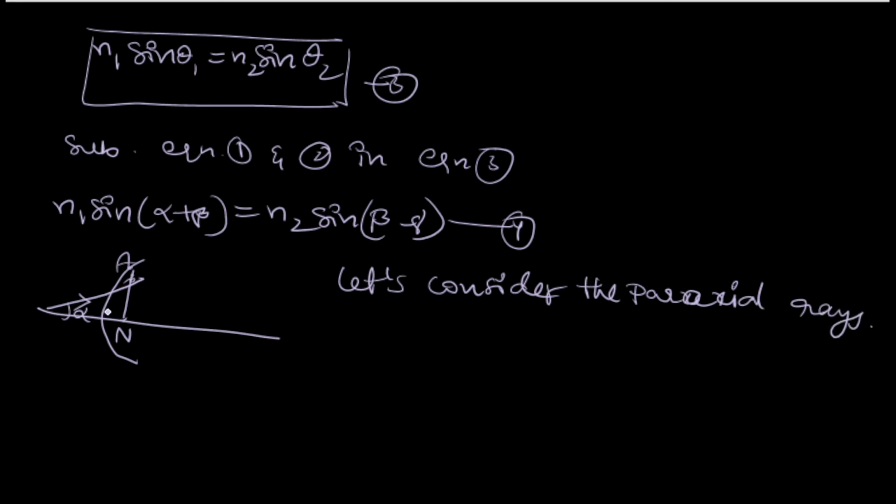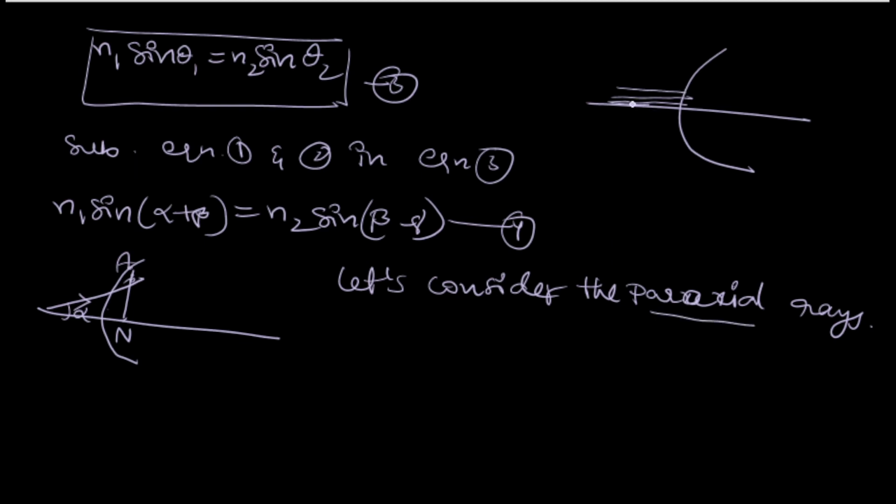The rays which are moving very close to this principal axis and are parallel to this principal axis, for example, I will draw here, are known as paraxial rays.